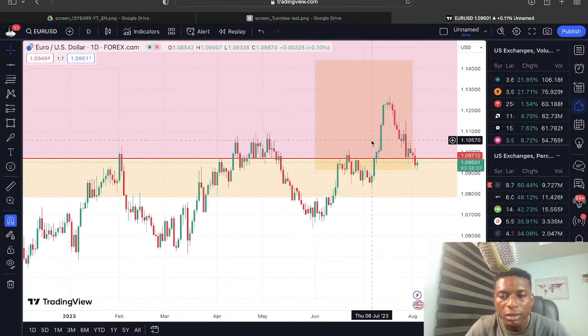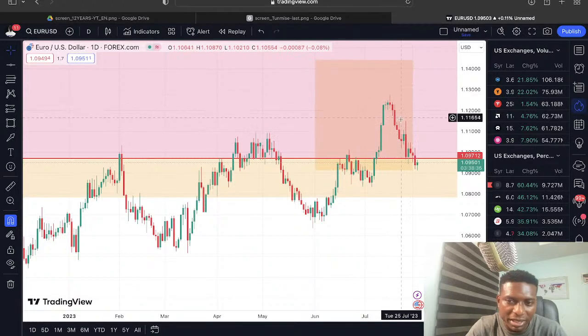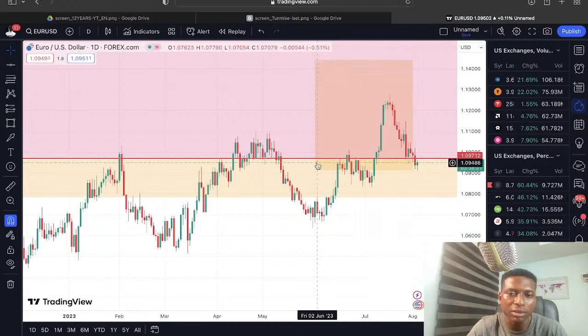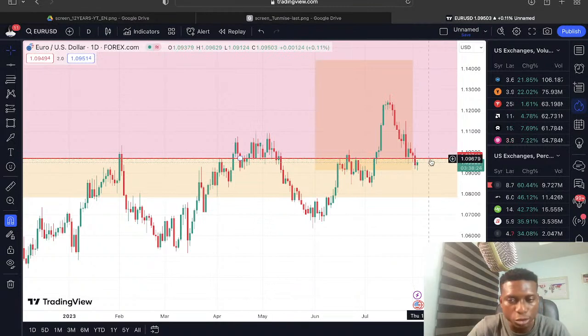Now that price met the rejection, we saw that price came back and broke back into that resistance zone. Yeah, now price broke back into the resistance zone.